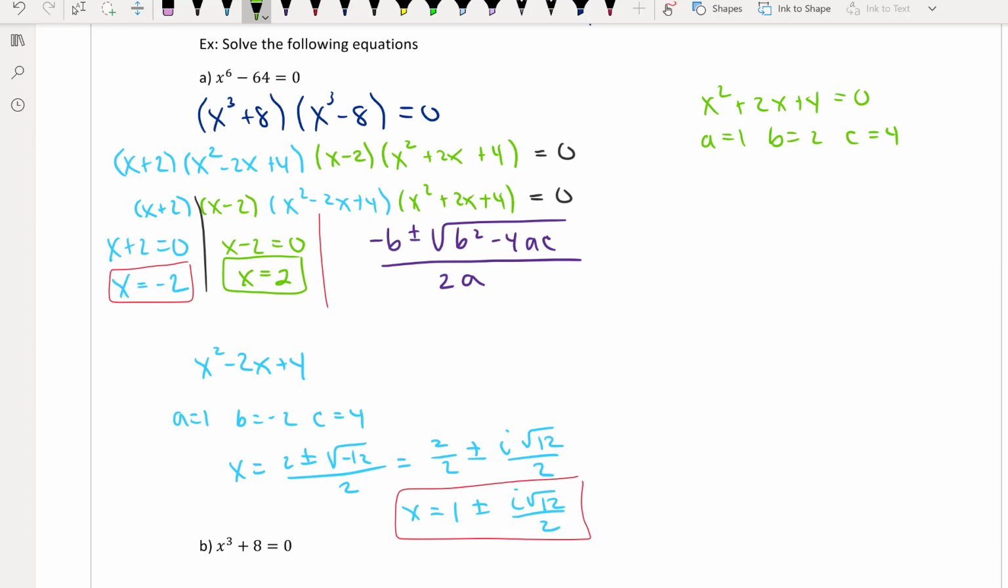So when I plug this in, I'm going to get that x is equal to my negative b value, so that is going to give me a negative 2, plus or minus, and I did this on my calculator already, b squared minus 4 times a times c. So 2 squared minus 4 times 1 times 4 gives me a negative 12.